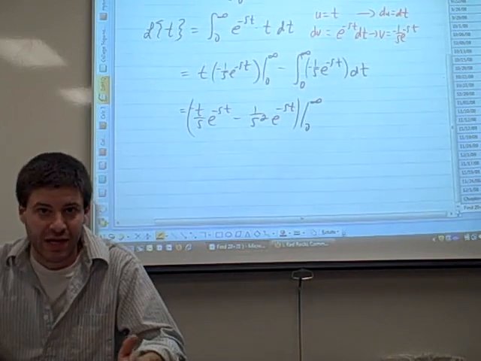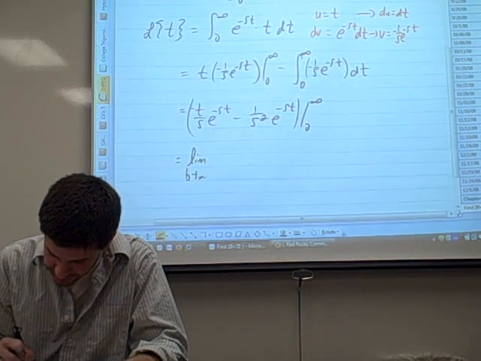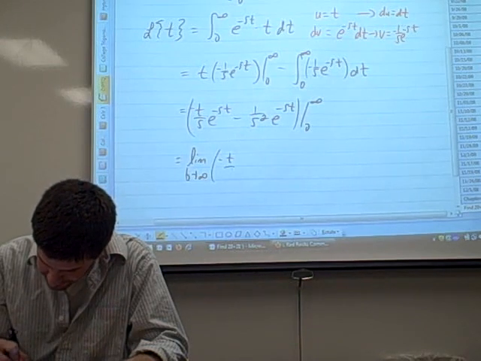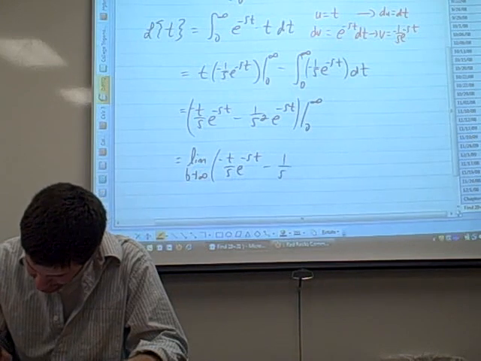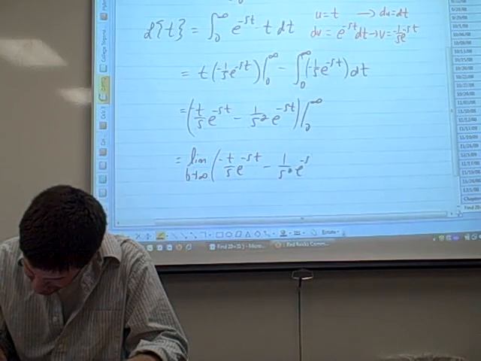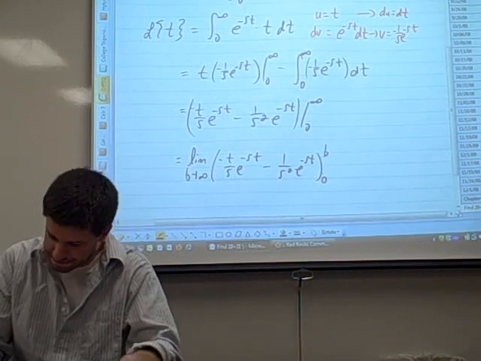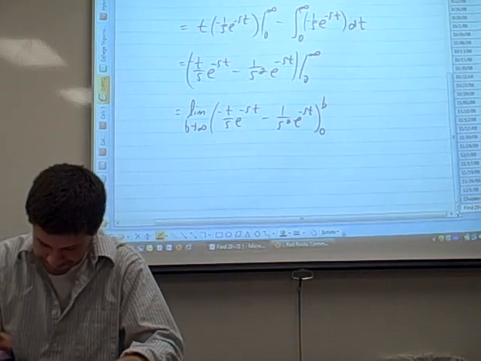Of course, we can't just plug in infinity, so we have to take the limit as b goes to infinity of negative t over s e to the negative st minus 1 over s squared e to the negative st from 0 to b. Plug in our limits.